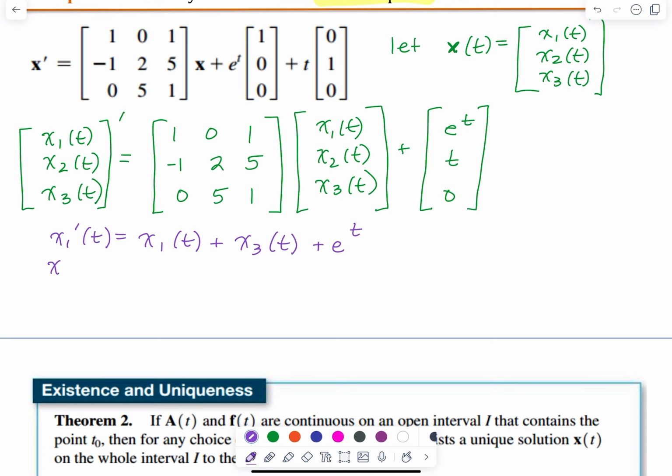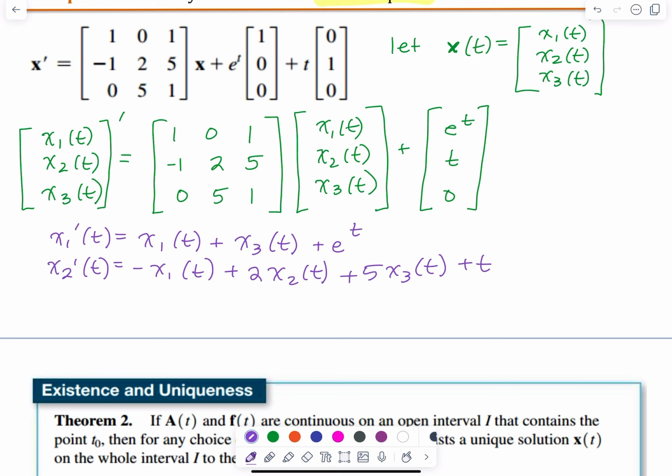Likewise, x2 prime of t is equal to the opposite of x1 of t plus 2 x2 of t plus 5 x3 of t plus t.